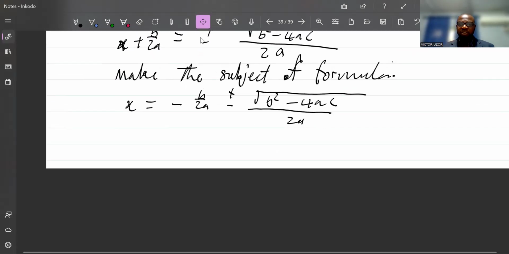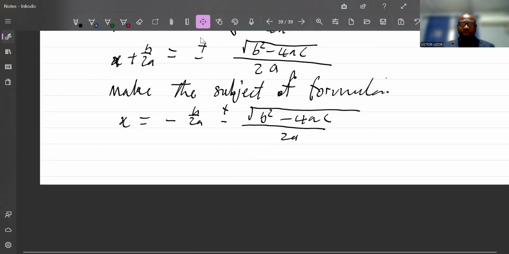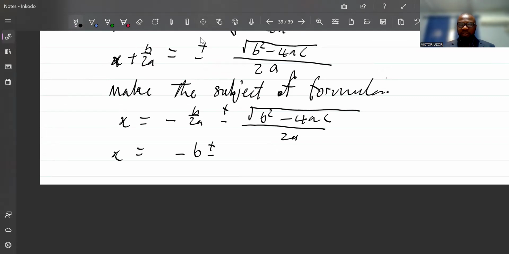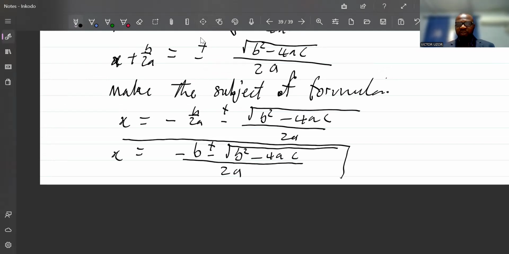Mathematically, if both of them have 2a, x will be equal to negative b plus or minus the square root of b squared minus 4ac, all over 2a. And this is the general formula for solving a quadratic equation.